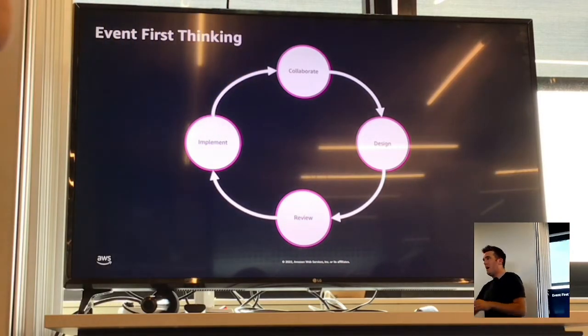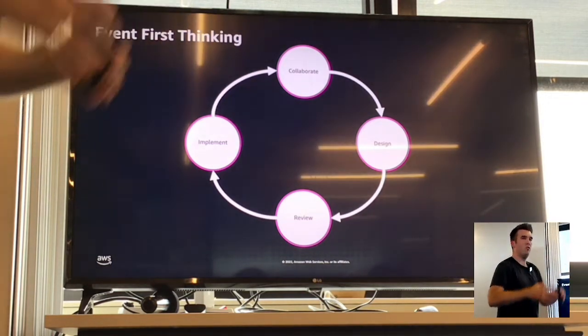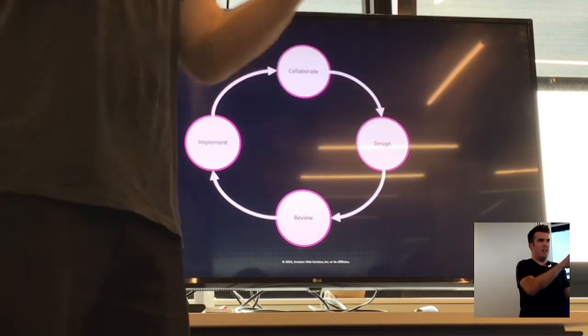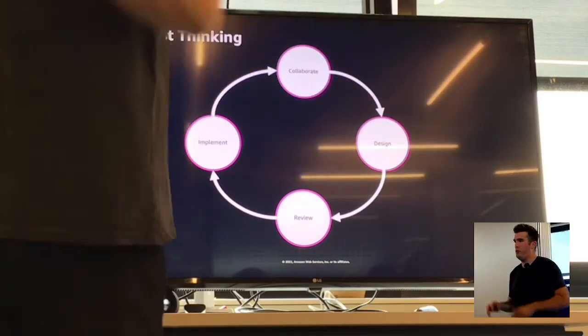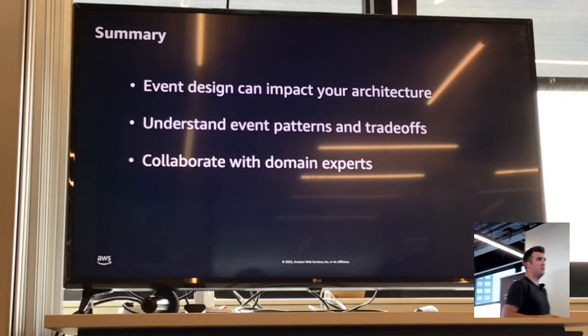That can really help you downstream and later on understand how your system works, but also have that shared language of the events that are flying through your system, which is pretty helpful and useful.